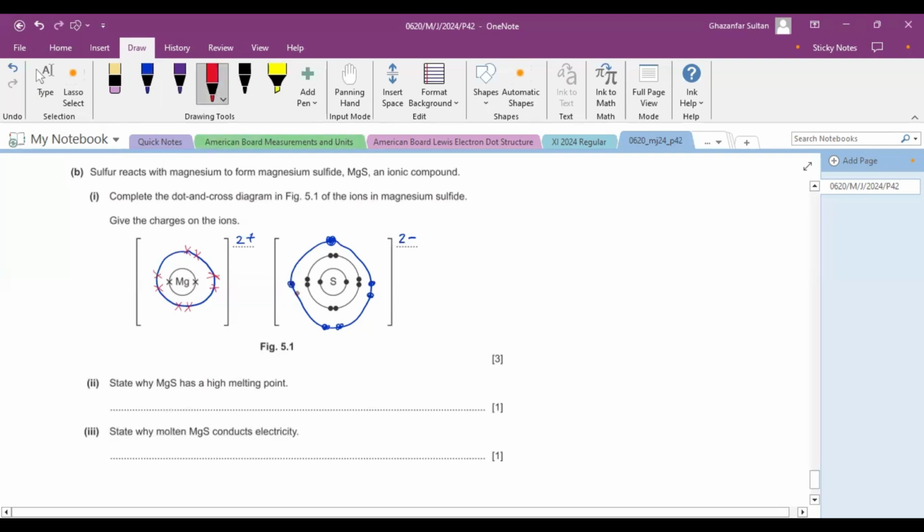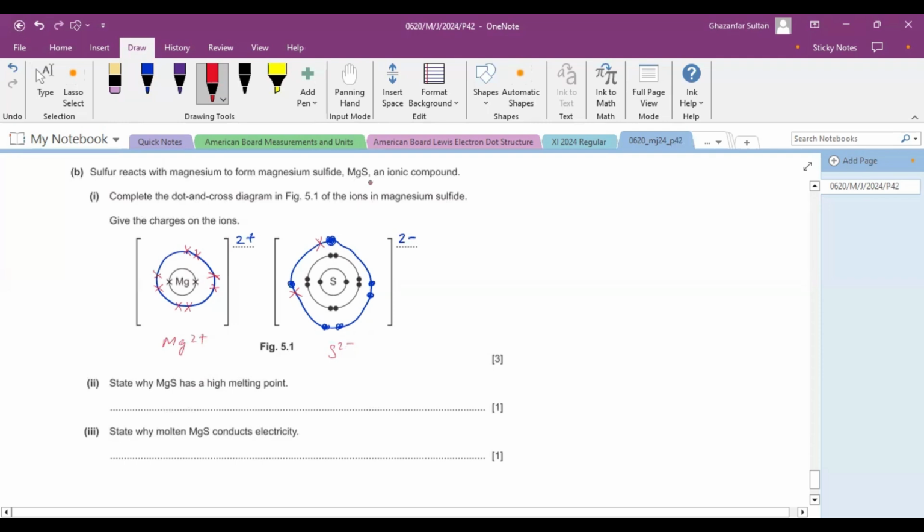And also show 2 more electrons as cross, which have been received from the magnesium in this case. So this is the sulfide ion S2 minus, and this is Mg2 plus.